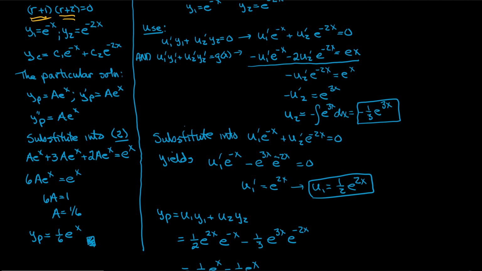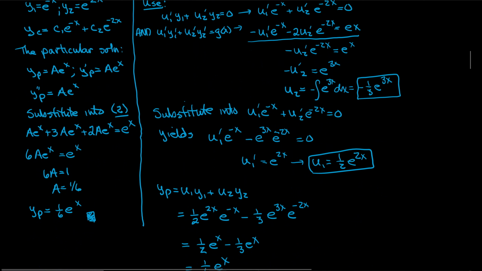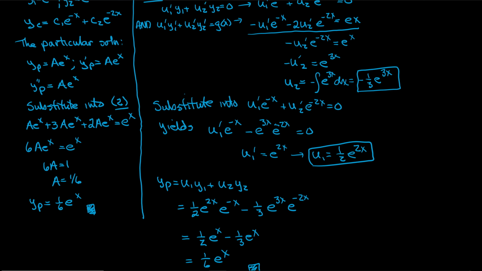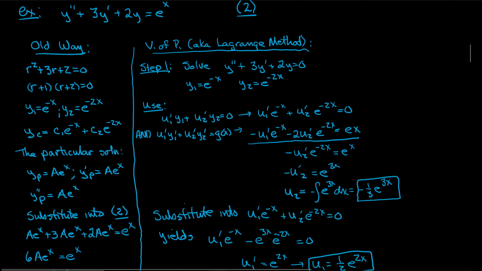So those two roots there give us that complementary solution. Now that we have this, we can go after the particular solution. Remember, the right-hand side is e to the x all the way up at the top.